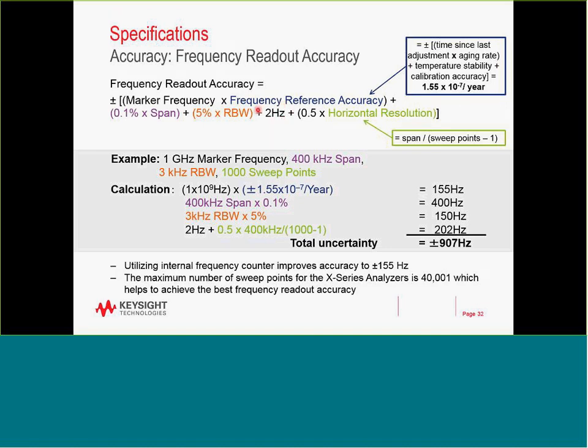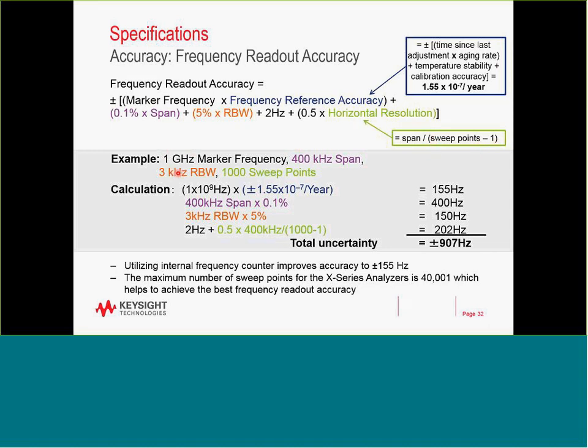There's 2 hertz of visual error, and there is the error caused by the fact that you might be in between 2 points, so the horizontal resolution has an impact. The horizontal resolution is calculated by dividing the span by the number of points minus 1.